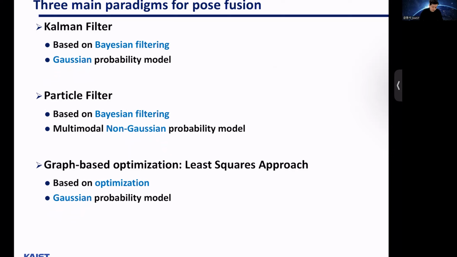The Kalman filter assumes a Gaussian probability model, but the particle filter does not have that assumption, meaning that you can handle non-Gaussian probability models. So it's a more general filter that can be applied, but that doesn't necessarily mean it's always the best choice. It's computationally heavy and tends to be slower compared to the Kalman filter.